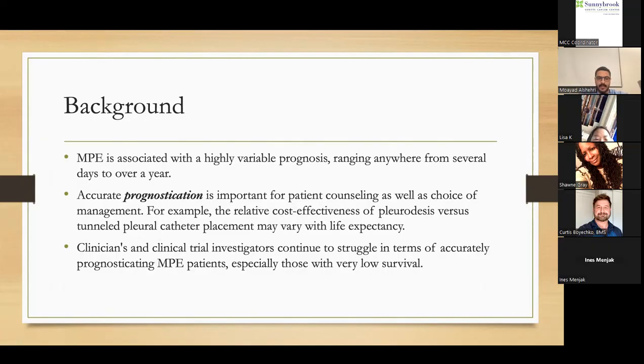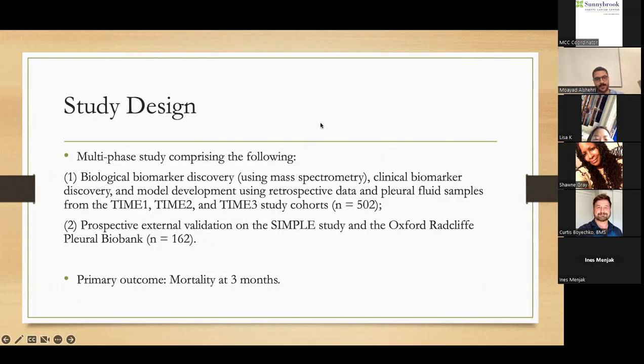Clinicians and clinical trial investigators continue to struggle to accurately prognosticate MPE patients. Generally speaking, if you have a malignant pleural effusion in a cancer, this on its own is a bad prognostic factor. But within that, we need shades of prognostication to help our decisions.